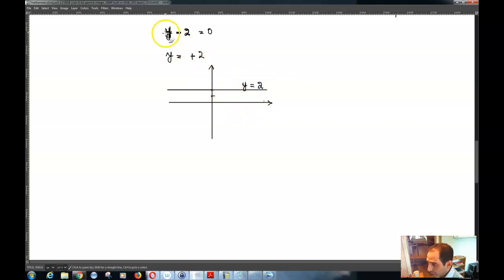And of course you can see that the coefficient of x here is 0. So you can write this equation as 0 times x plus 1 times y is equal to 2.